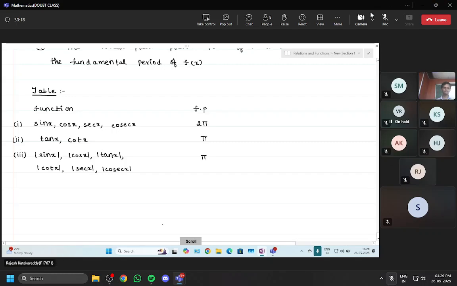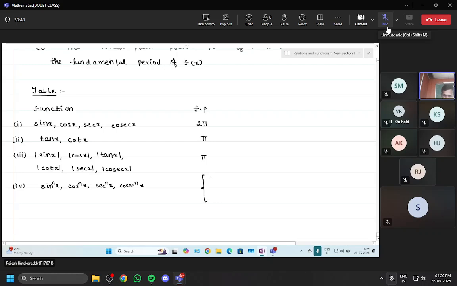Clear? Now, let us say we are taking power n of the trigonometric functions. Now, sin power n x, cos power n x, secant power n x, and cosecant power n x. So this one has two cases, guys.